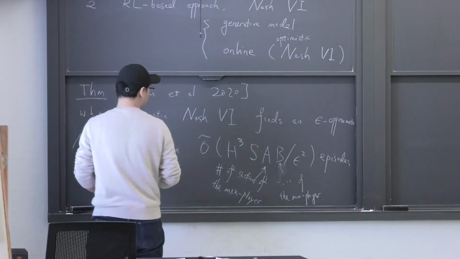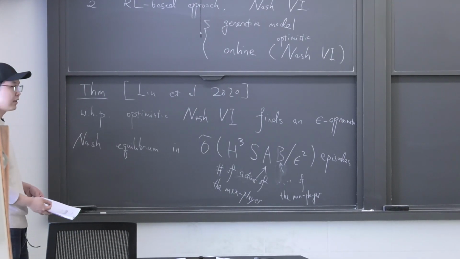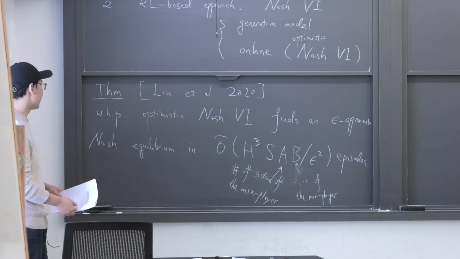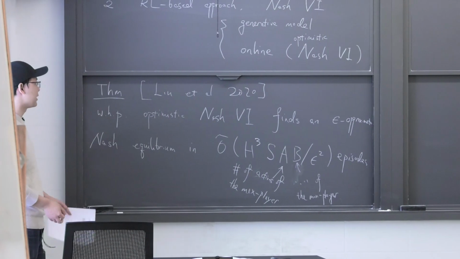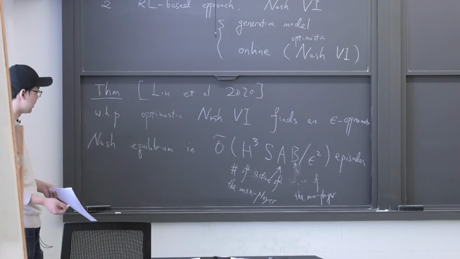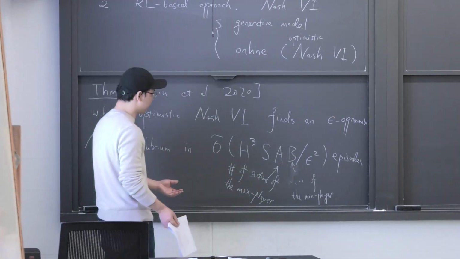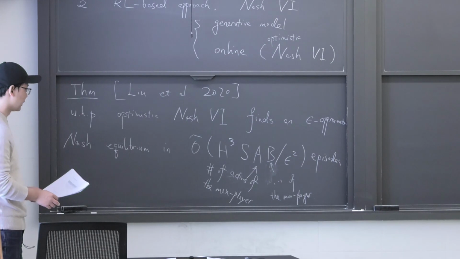So you can think, although we need to use a new mechanism to design an algorithm, in the end, in terms of sample complexity, how many samples we need to find the optimal policy, where here the optimal policy is Nash equilibrium, it turns out we just replace the number of actions of the single agent scenario by the product of the actions, which is the total number of action combinations of the two players.